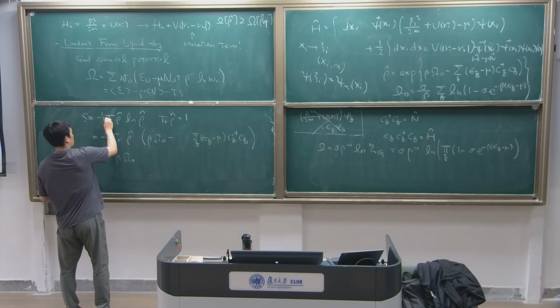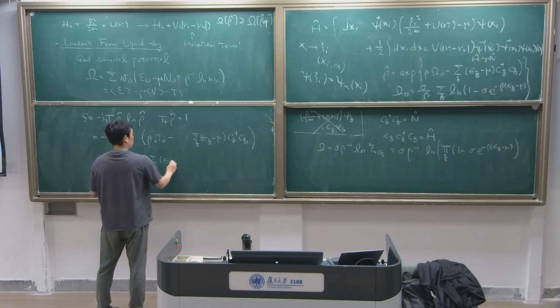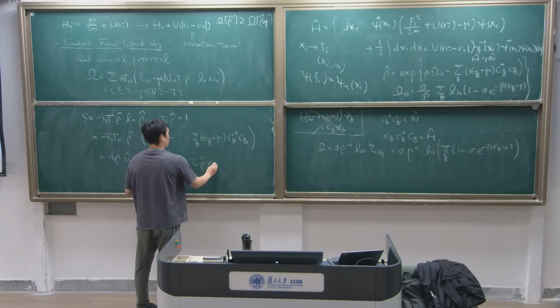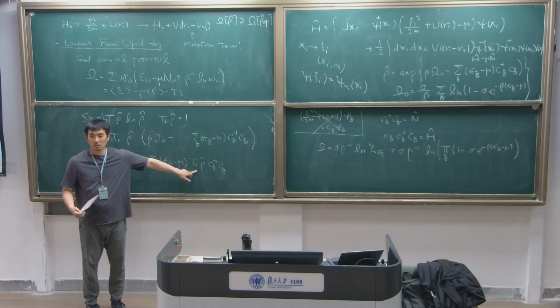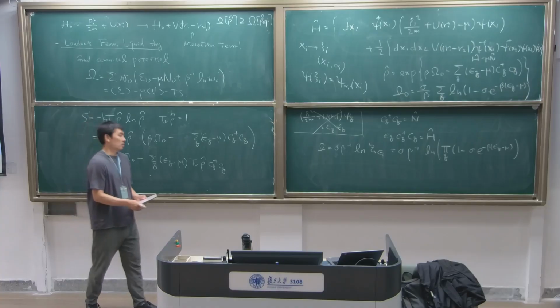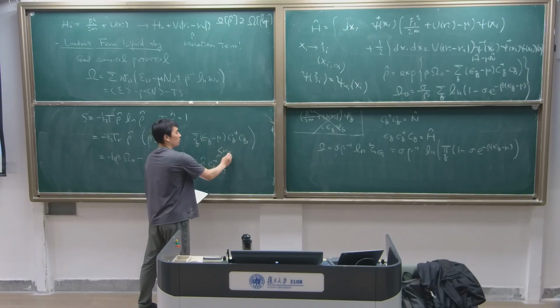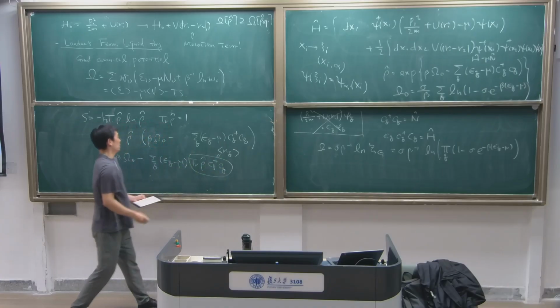Okay, so therefore this is minus beta omega 0. Actually, if you want k_B, you can just put k_B. And then minus the sum of epsilon q minus mu, and then the trace of rho hat n hat q. This is equal to the expectation value of the operator n q.